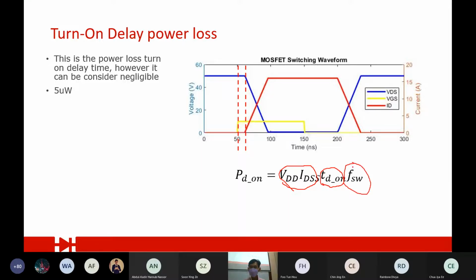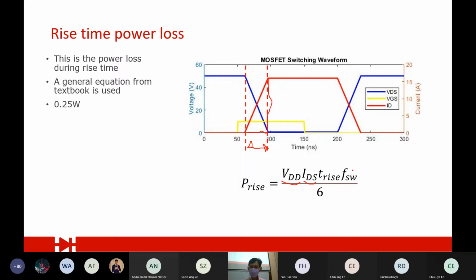This is how the equation comes about. It's the power, but multiplied by the rise time and the frequency, and divided by 6.